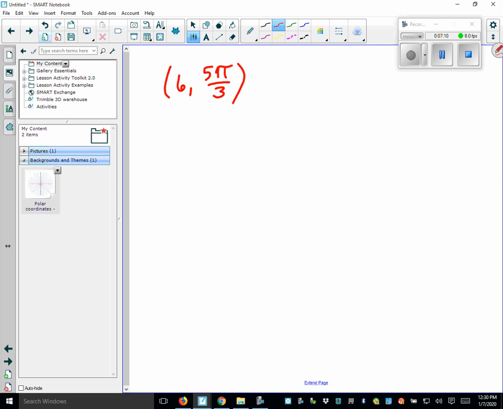Do you remember from the second or third week of school, you learned that the sine of theta was y over r, and the cosine of theta was x over r? Do you remember learning that? Yes.